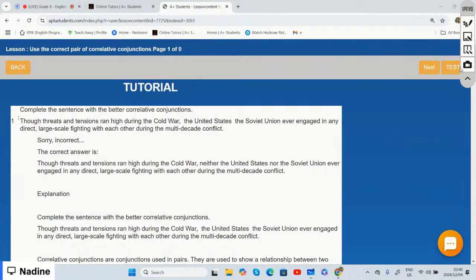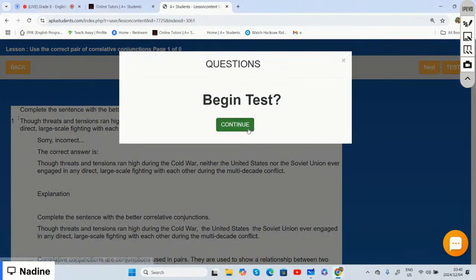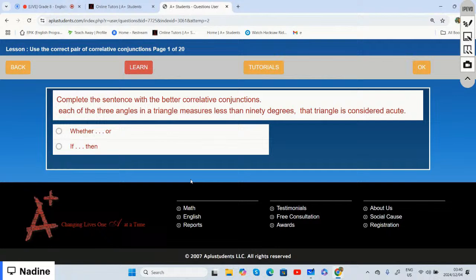We need to complete the sentence with the best correlative conjunction. We're going to choose either whether or, or if then.